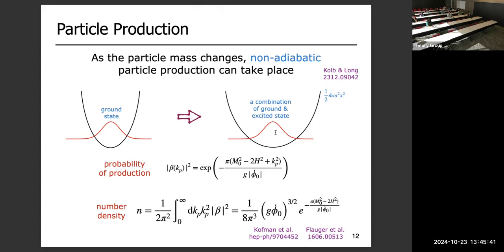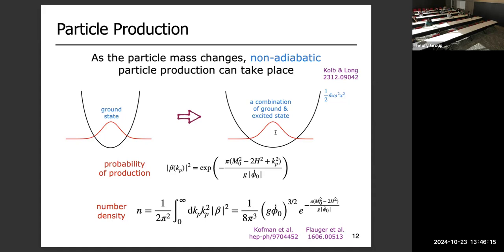You can imagine that the oscillator is initially in some ground state, but then let's say you do a perturbation, like you change the shape of the well, you stretch it so it becomes wider, and you do it very quickly. You do it non-adiabatically, so that the wave function doesn't get a chance to adjust, so it remains like this. But while this was the ground state of this potential, it's not the ground state of the new potential, but rather it's a combination of the new ground state and the new excited state.